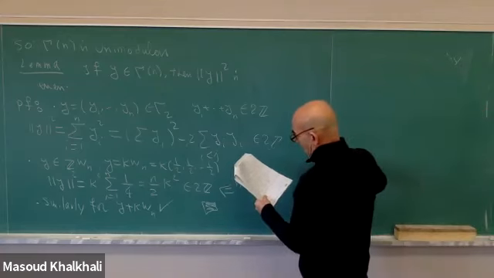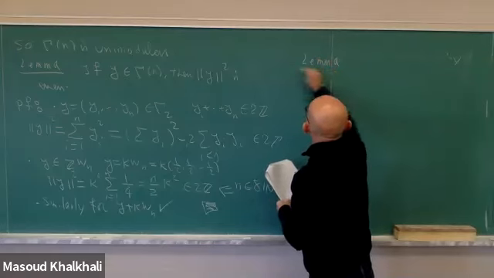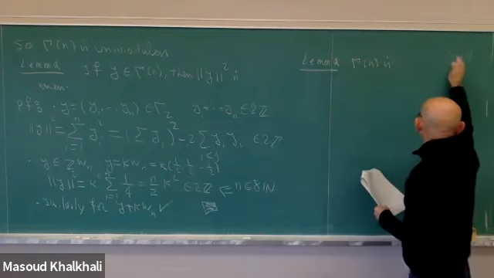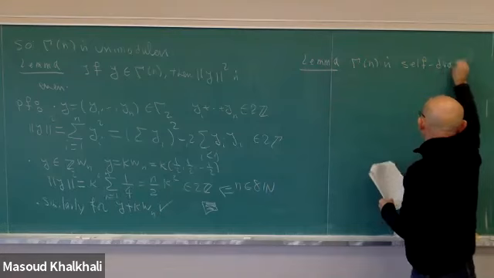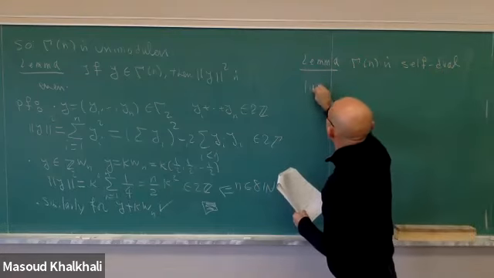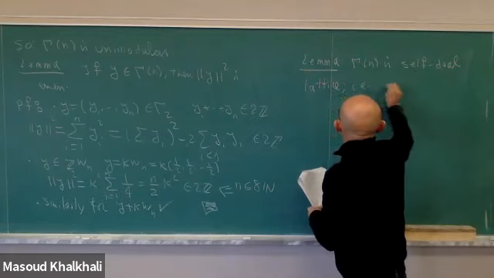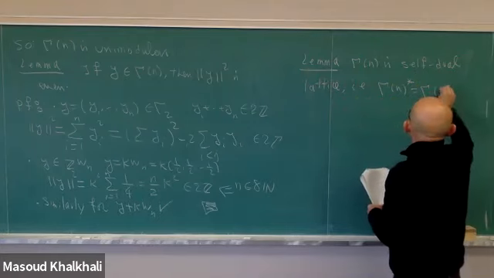So, lemma: gamma n is a self-dual lattice, i.e., gamma n star is equal to gamma n.